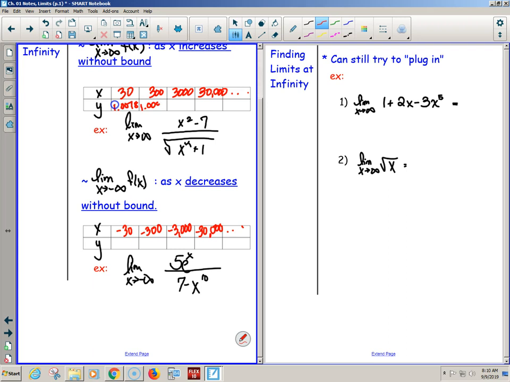How about 3,000? 6 zeros, 6 sevens. How about 30,000? Wow. 8 zeros, 4 sevens. Question, what's happening to your function as you continue to have x's approach infinity?